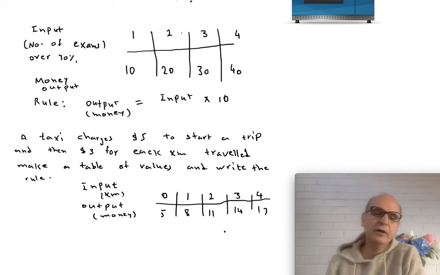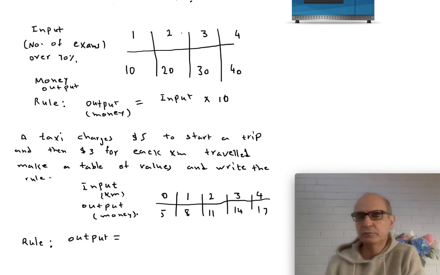If you want to find the rule for that, then the rule is: output, you always start with output, is equal to what should I do with the input to become equal to the output. So in other words, how do I get from 0 to 5? How do I get from 1 to 8? How do I get from 2 to 11?